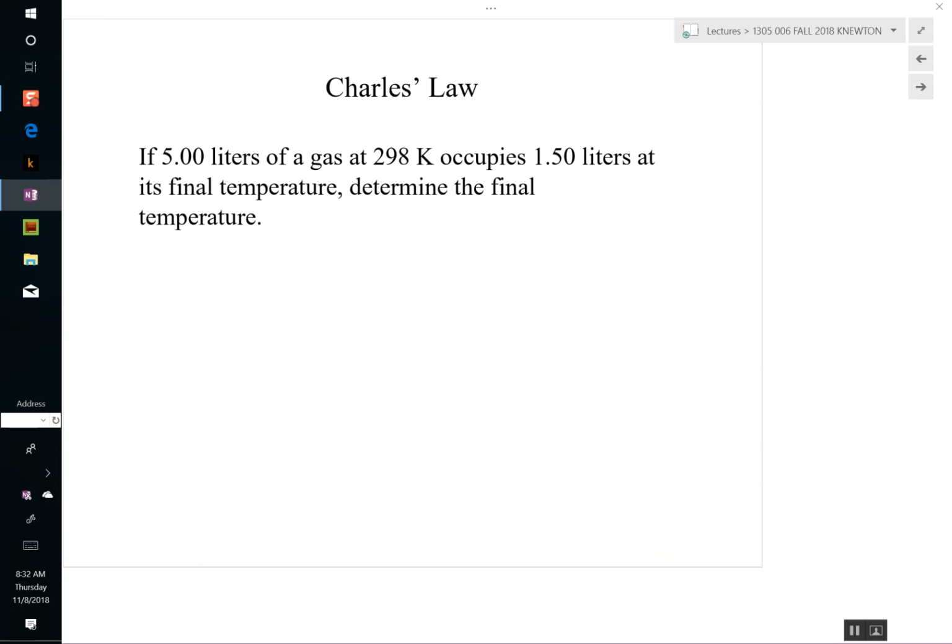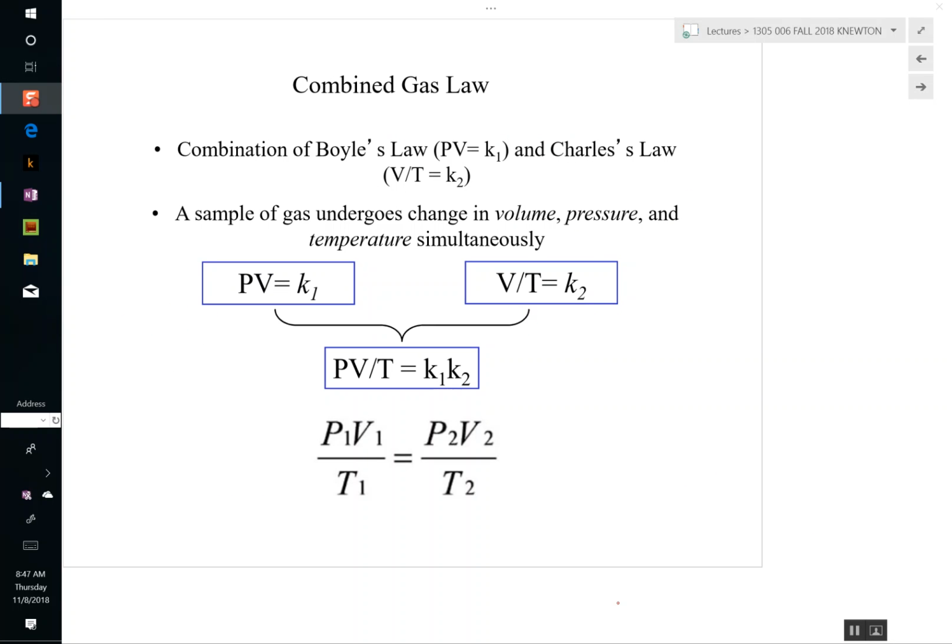Okay, all right. Let's take a minute here and just look at the combined gas law. We'll just kind of start a problem here. Combined gas law. There's Boyle's law, Charles' law.